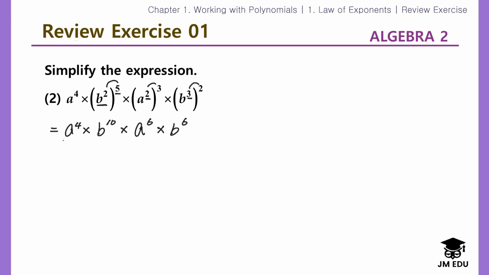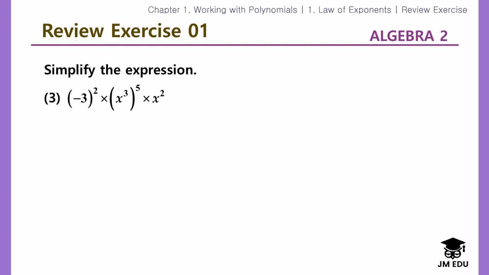So here, these two terms have a base a. So that's going to be a to the 4 plus 6. b to the 10, b to the 6. So times b to the 10 plus 6, right? So that is equal to a to the 4 plus 6, 10. b to the 10 plus 6, 16.